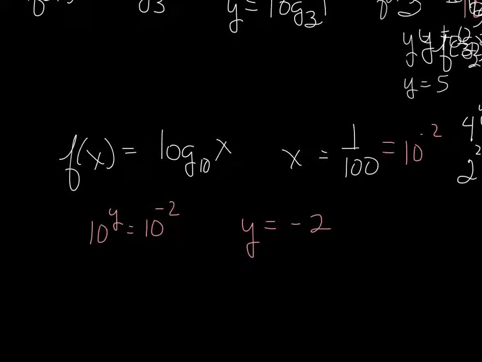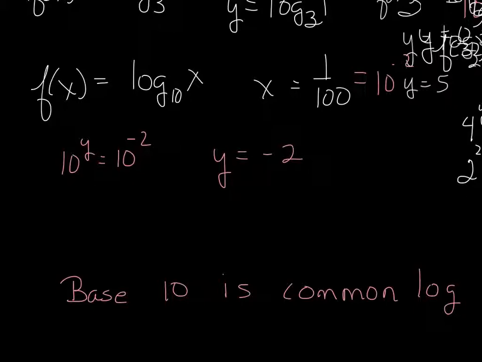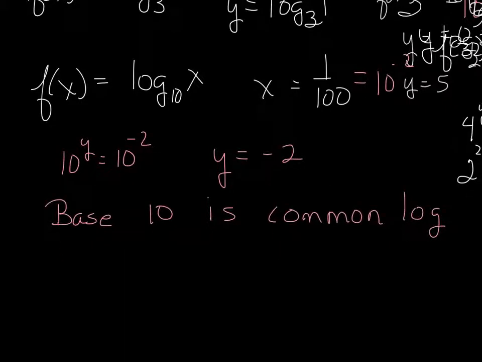Now notice here we did use base 10, and base 10 is called our common log. If you were using base 10, you don't even have to put a base. If you just see, say, the log of x equals 2, you know you're dealing with base 10.